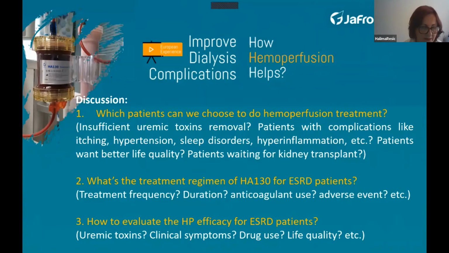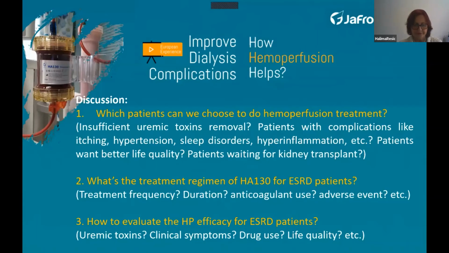The main indication is the clinical problems with renal osteodystrophy, because itching is not so present as 10 years ago, for example, when we started. Now we solve itching, we solve hepatitis C, but we didn't solve renal osteodystrophy yet. So I think that hemoperfusion can help us with that.